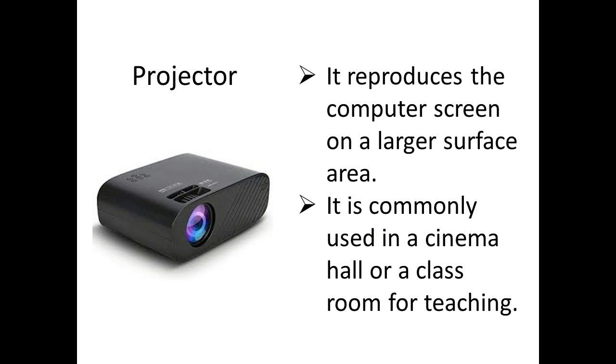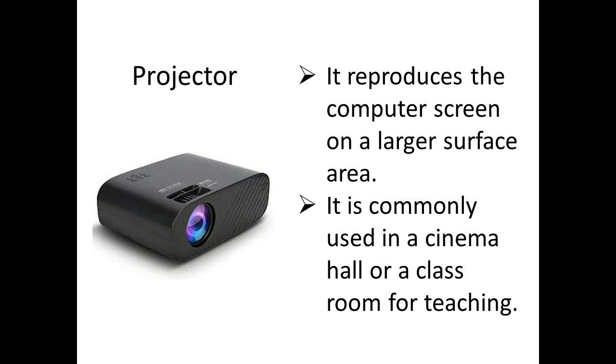Next output device is the projector. You all are familiar with this projector. What's the use of this projector? Let's check. This is an output device that reproduces the computer screen on a large surface area, mostly a white screen.